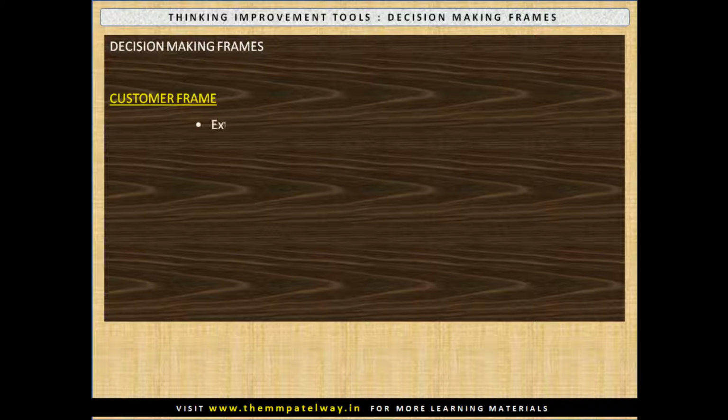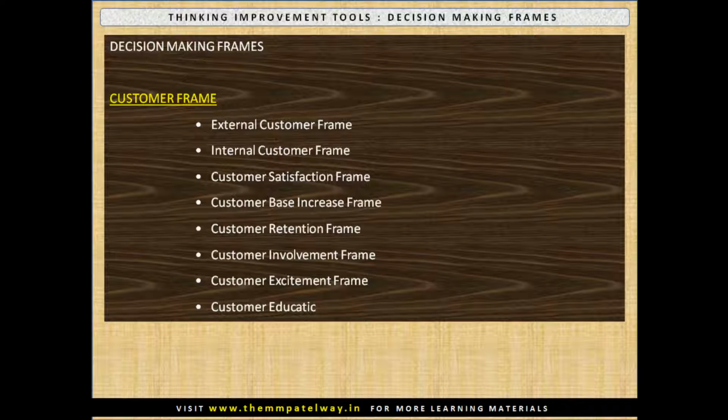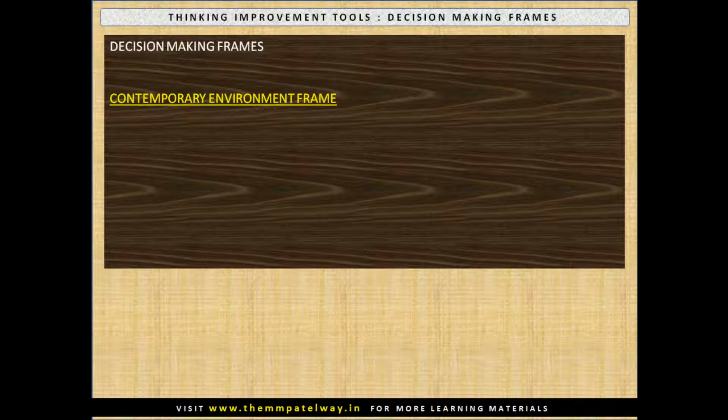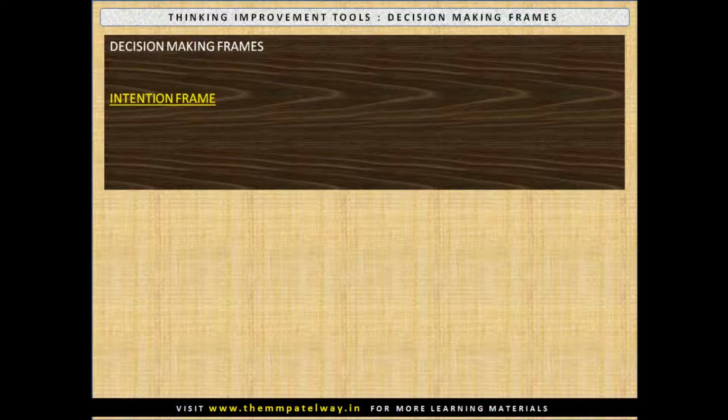External customer, internal customer, customer satisfaction, customer base increase, customer retention, involvement, excitement and education frames. Contemporary environment frame. Political, economical, social, technology, environmental and legal frames. Intention frame. Positive intention or motive, negative intention or motive or manipulation frame.